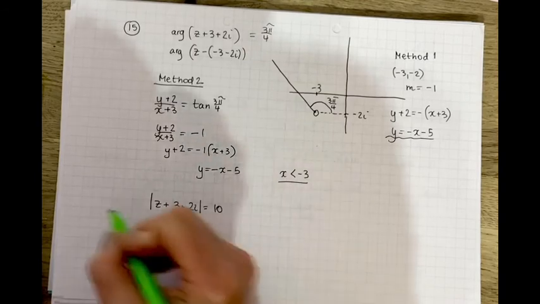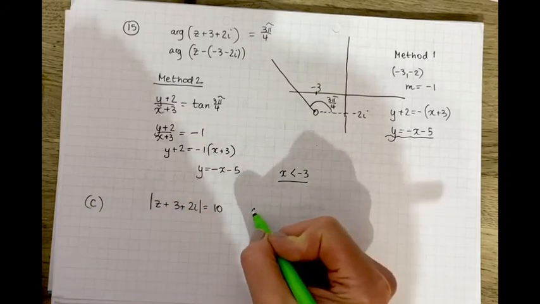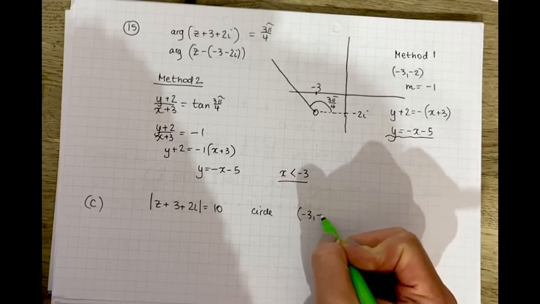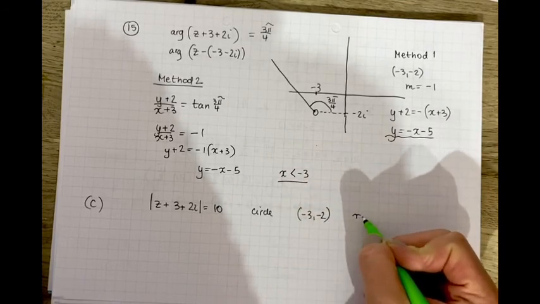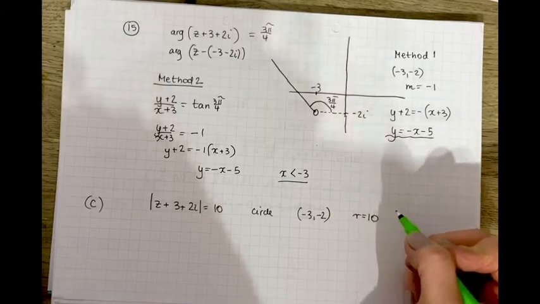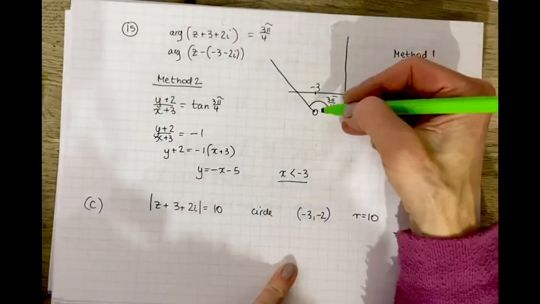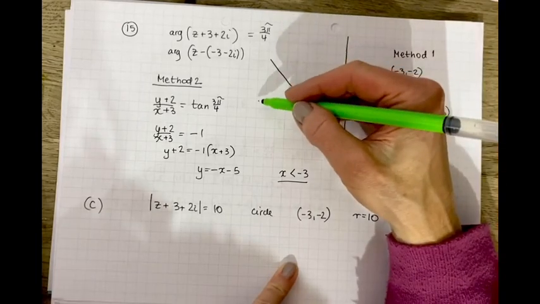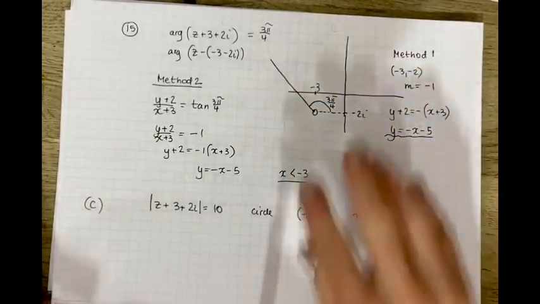So this is a circle, centered at minus 3 minus 2, radius 10. So minus 3, minus 2, and then radius 10, so we're talking about quite a big circle.